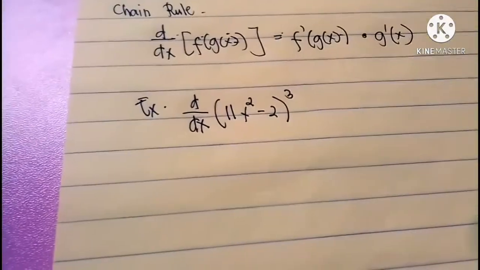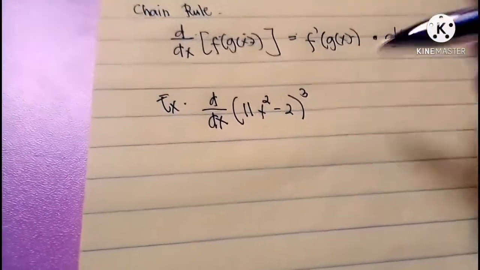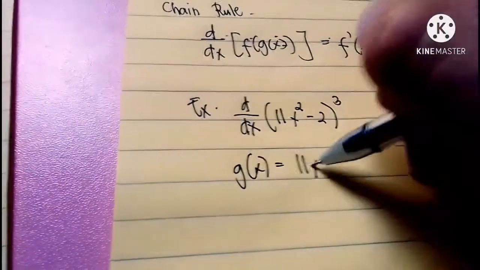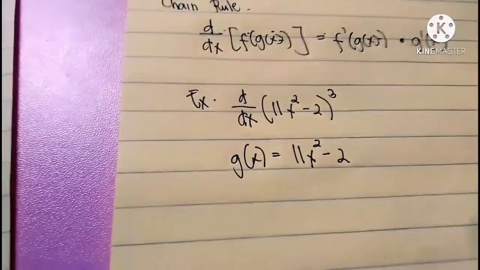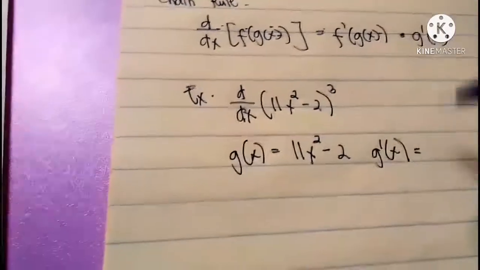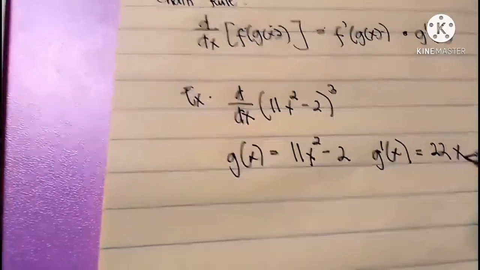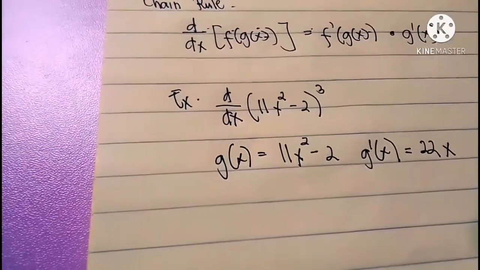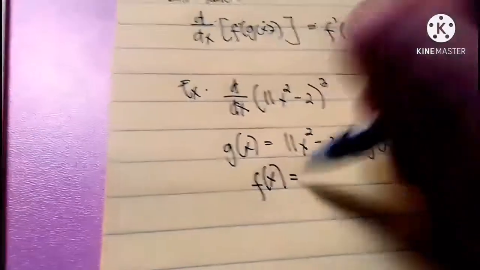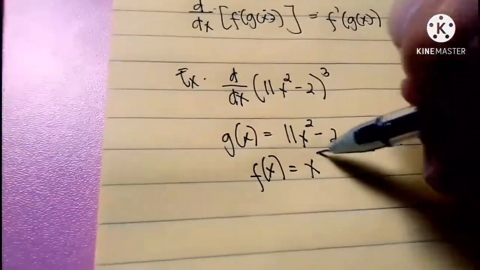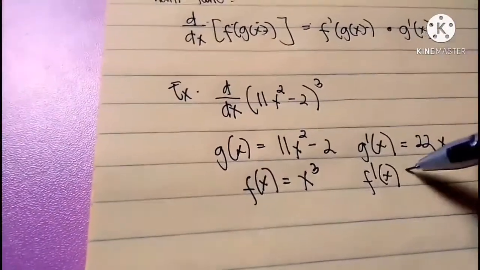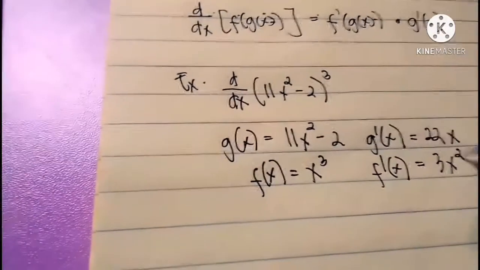First, we have to identify the inner function, which is g of x is equal to 11x squared minus 2, and the derivative of this is g prime x is equal to 22x, and our outer function is f of x is equal to x cubed, and the derivative of this is f prime x is equal to 3x squared.